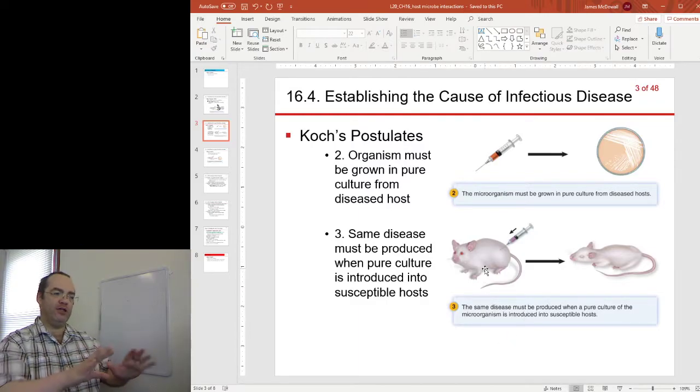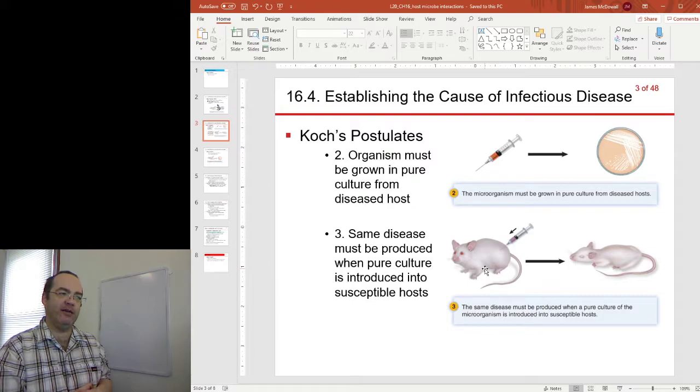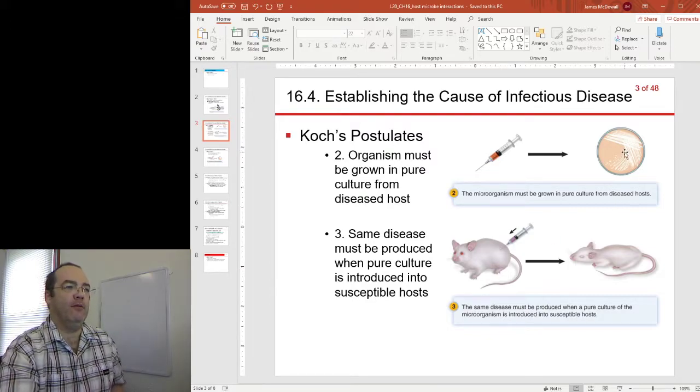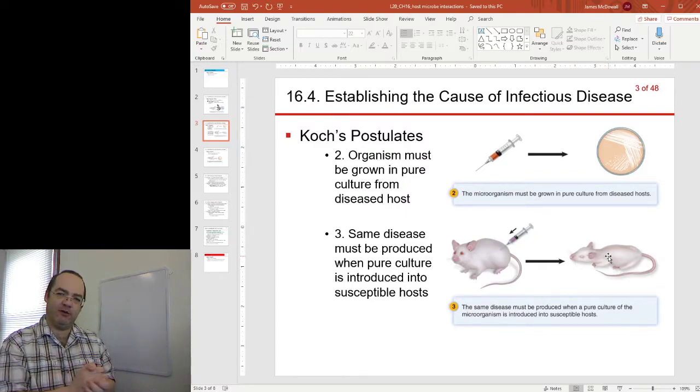So a whole new set of mice who were susceptible to the disease, who had not been exposed to it before and had no immunity. Microbes were picked off from the growth plate and injected into these new mice, and the new mice developed all the signs and symptoms of the anthrax disease, and they died as a result.